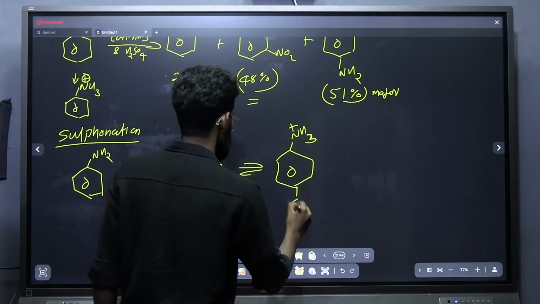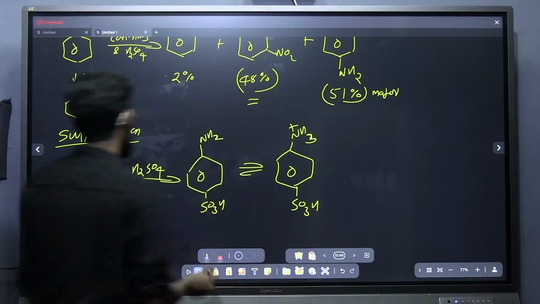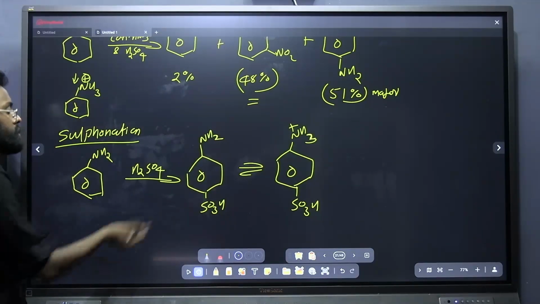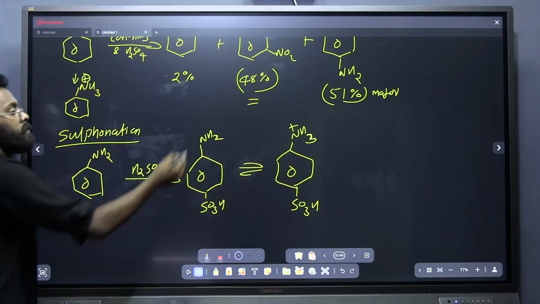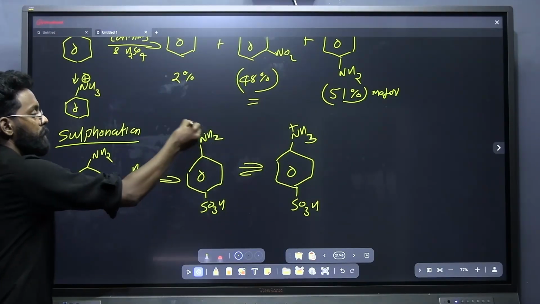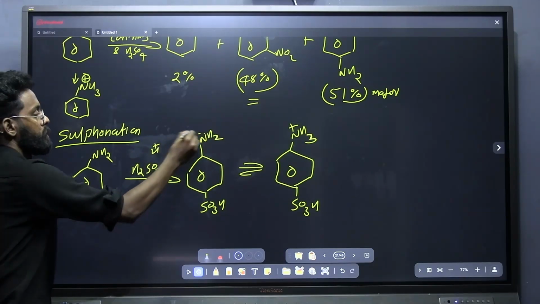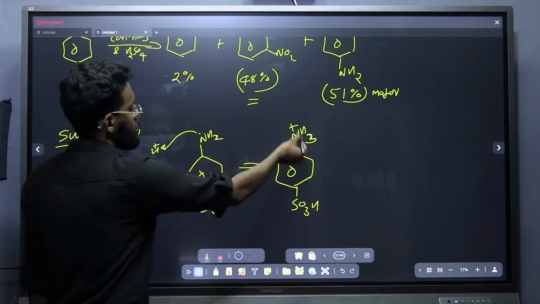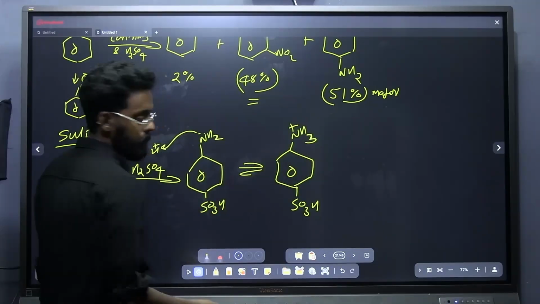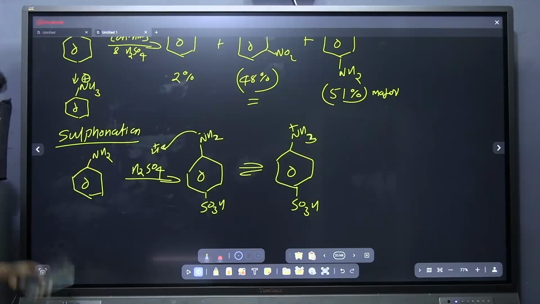You all know the reason, right? This is taking place in presence of H2SO4. As it is taking place in H2SO4, this lone pair will be taking the proton, and because of that it will be existing in NH3 plus form. That is what we call a zwitterion.